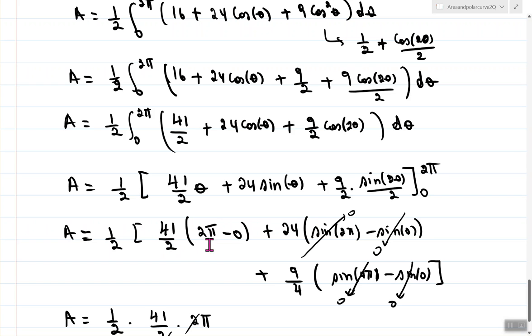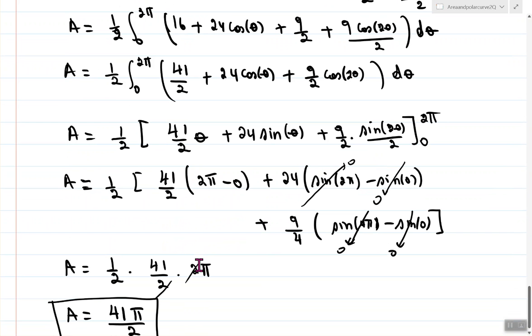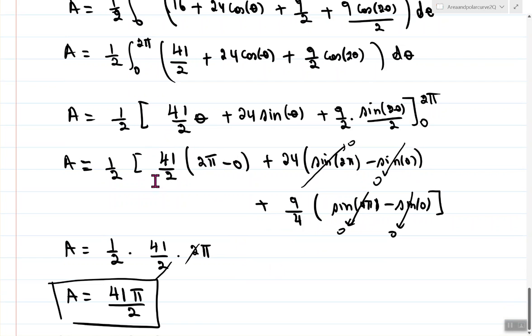So you got 2 pi minus 0, which is 2 pi, times 41 over 2. But everything else here is 0. Sine of 2 pi, sine of 0, sine of 4 pi, all of those give you 0. The contribution comes only from here. Simplify 2, you get 41 pi, and then divide by 2, which gives you the answer. 41 pi over 2 is the area.